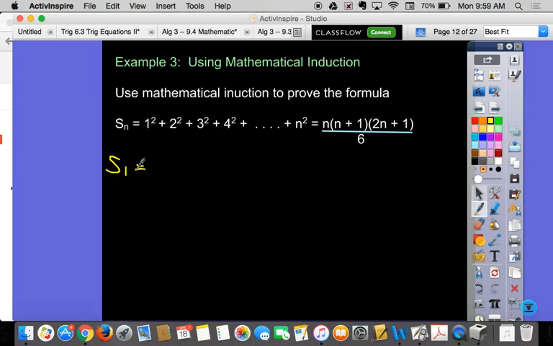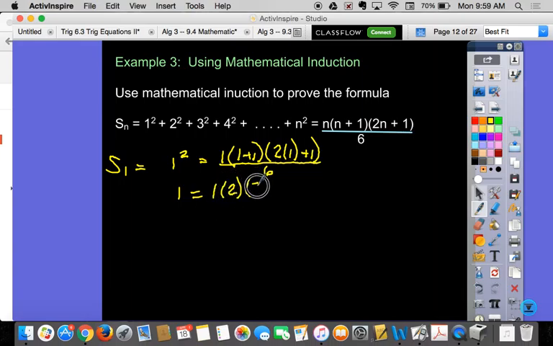Again, we're going to have a tiny little thing over here on the left. 1 squared equals, and then we've got 1 times 1 plus 1 times 2 times 1 plus 1 all over 6. Well, 1 equals 1 times 2 times 3 all over 6. Technically that works, because 1 equals 6 over 6. Yes, it does. That works.